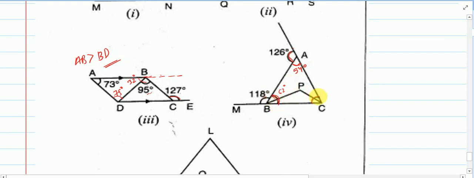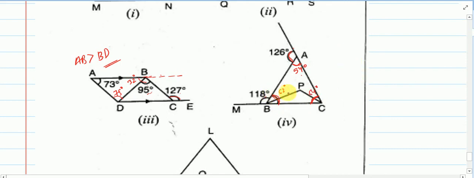Now we'll find this whole angle. This is 54, this is 62, so 54 and 62, you will get 116. So this angle will be 64 degrees.